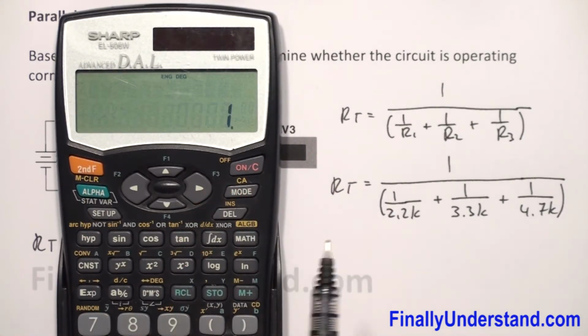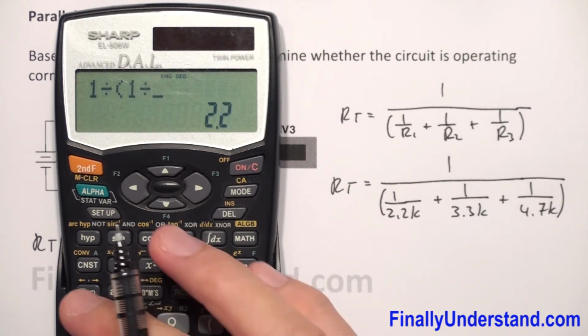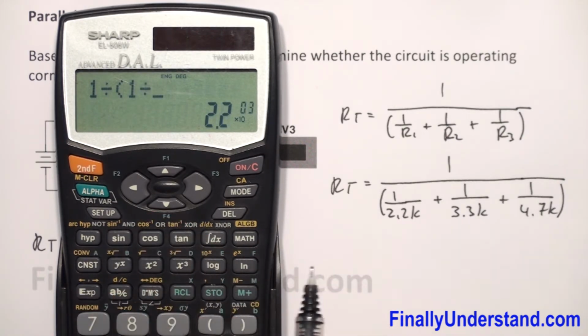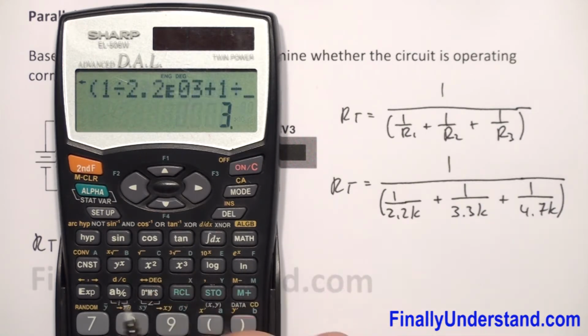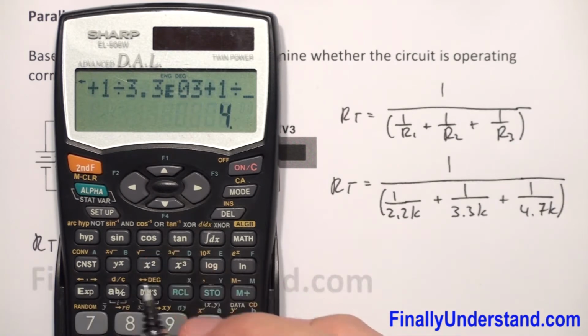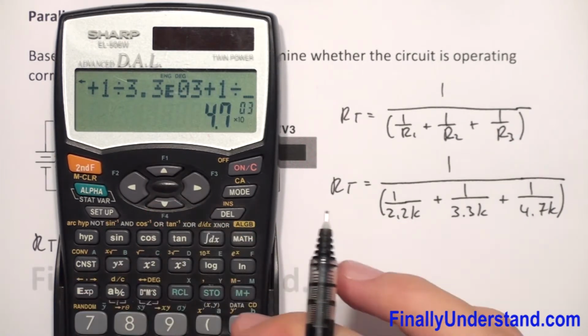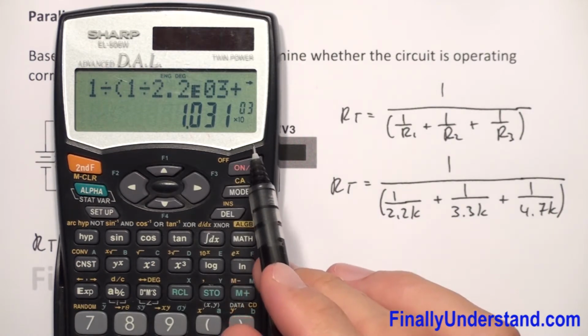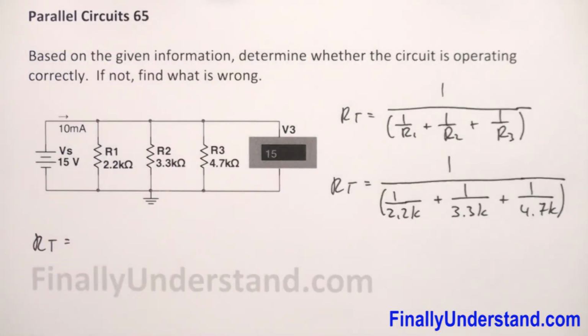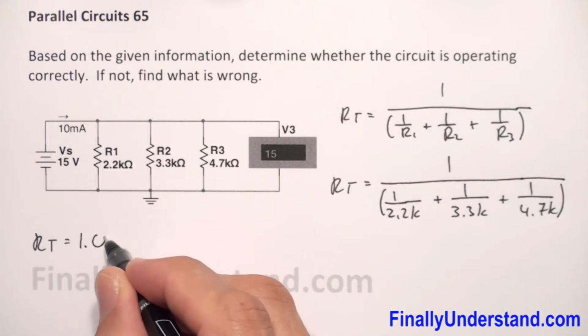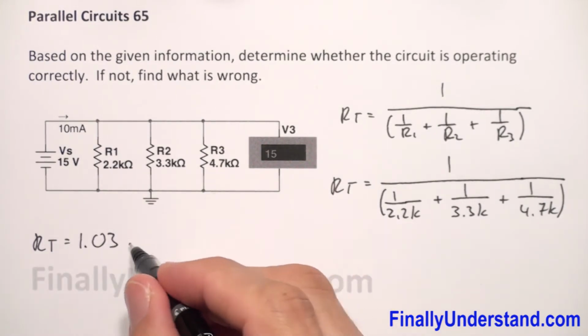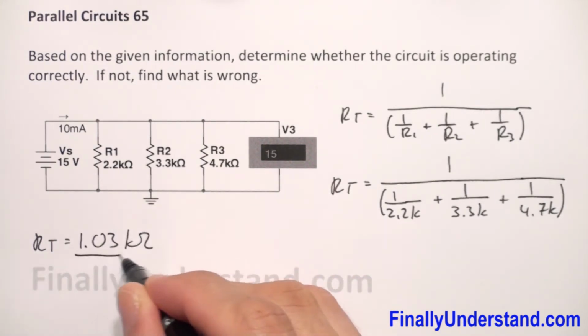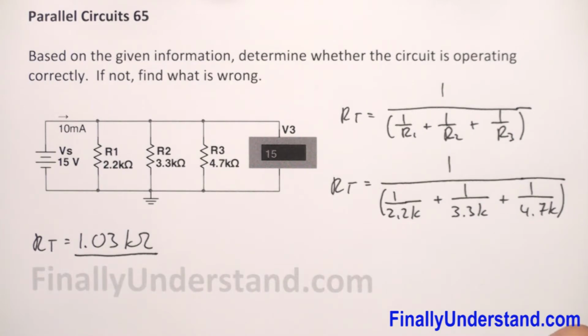So I have 1 divided by, open parenthesis, 1 divided by 2.2 exponent 3 plus 1 divided by 3.3 exponent 3 plus 1 divided by 4.7 exponent 3, close parenthesis, this is equal 1.03 kilo ohms. This is my total resistance in this circuit.